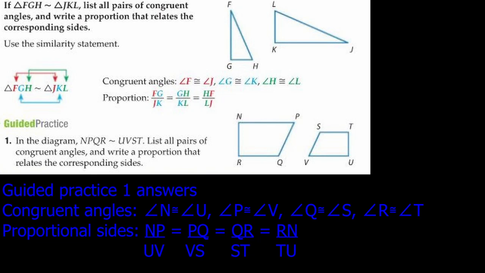You put them on top of a fraction. JK are the first two letters from the second triangle. You put them on the bottom. Down here where it says proportion, FG over JK. They continue doing that with the second and the third letters, GH, and the other second and third letters, KL. Put those in a fraction. And then they do the first and the last, FH on top, and LJ on the bottom.